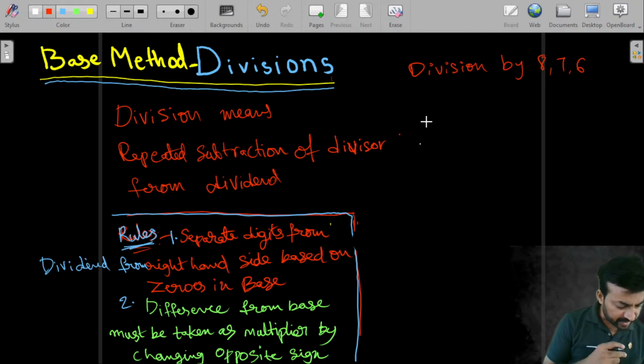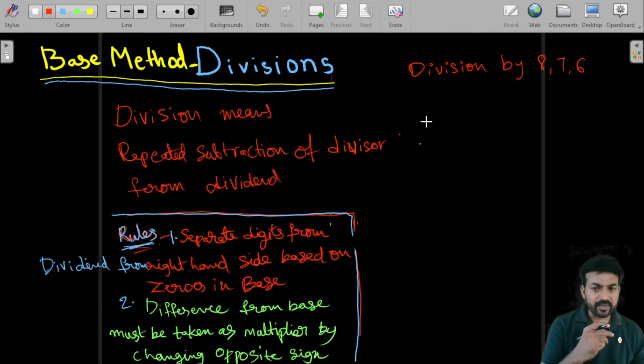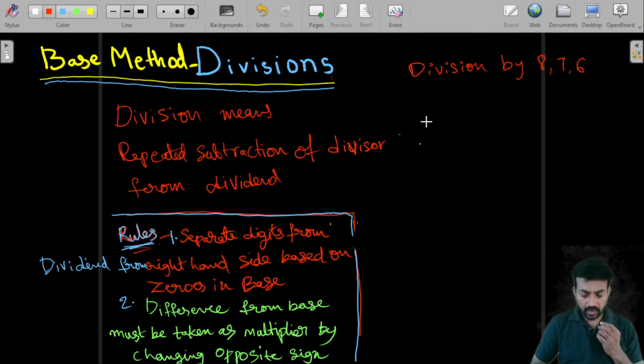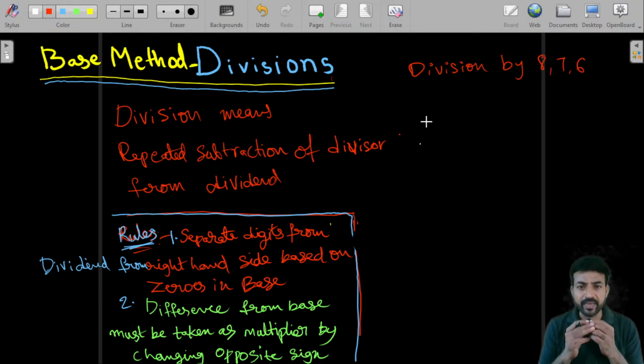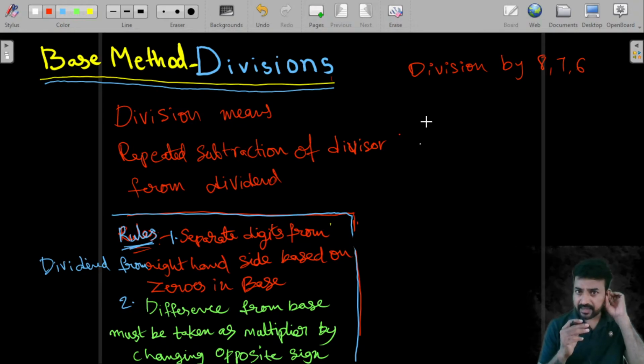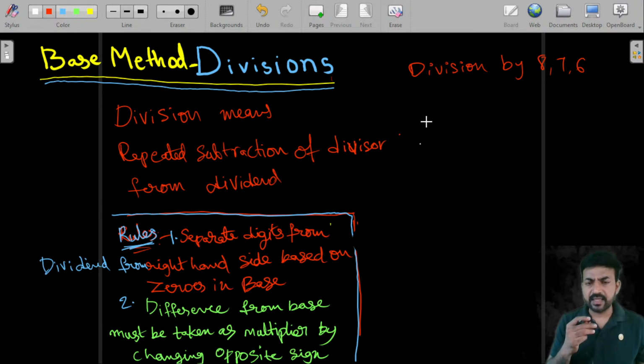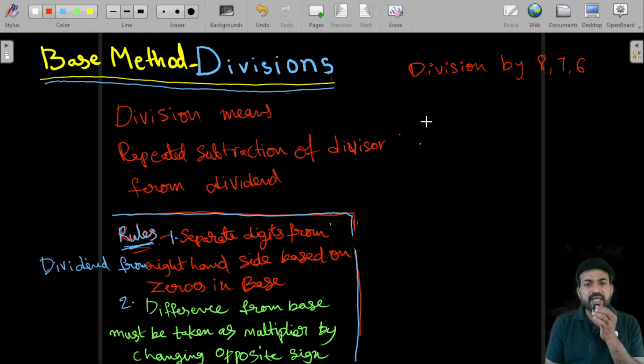So it is very clear. Remember, these divisions are below base. Division by 9 means 9 is lesser than 10, 8 is lesser than 10, 7 is lesser than 10, 6 is lesser than 10. So these are base method divisions, and this is below base.